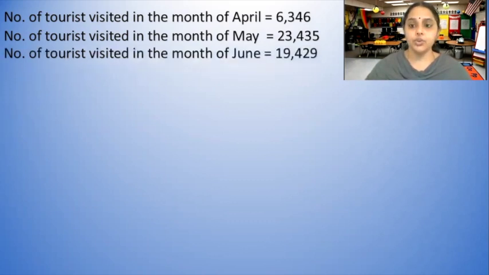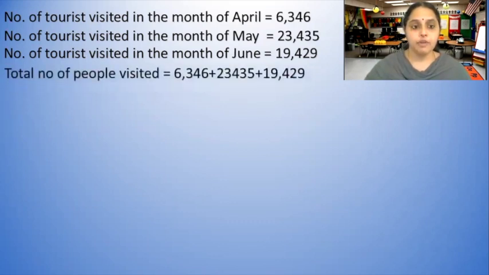And in the month of June, how many people visited? 19,429. So what are we supposed to find out? We are supposed to find out the sum of people who visited, or total number of people who visited Darjeeling. So we are adding all the three numbers.